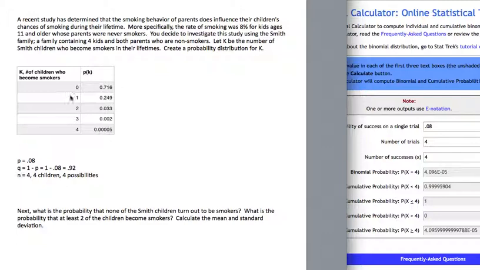And what this is saying, again, is every single outcome is included within this probability distribution. This chart here accounts for all outcomes and the likelihood of each one of those outcomes. So this is what I would be expecting if I asked you to create a probability distribution for K.